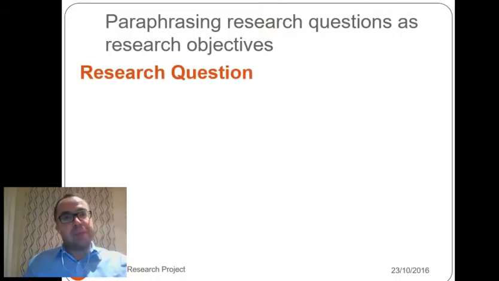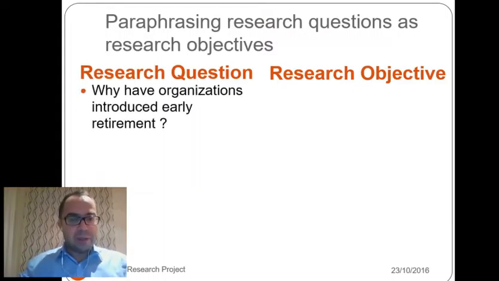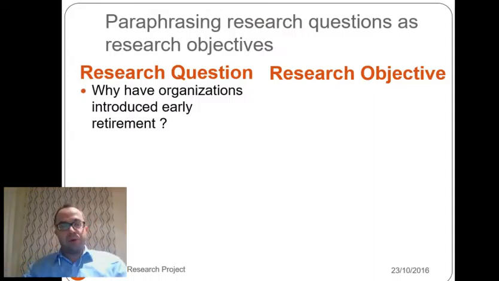These are examples of how you may wish to turn your research question in relation to your research objectives, how these two components are interrelated. One of the examples is the question which you're trying to address with your research: why have organizations introduced early retirement?